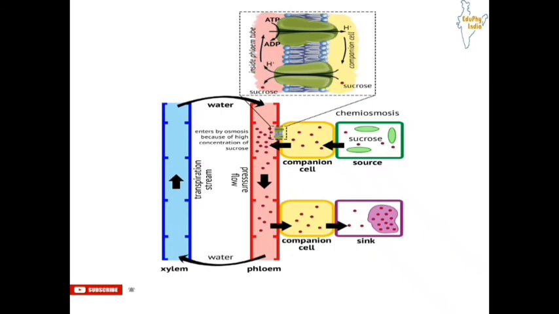For example, in the spring, sugar stored in root or stem tissue would be transported to the buds which need energy to grow. So first of all, the food formed in the leaves during photosynthesis is transported to the storage organs of roots, stems, then fruits and seeds.